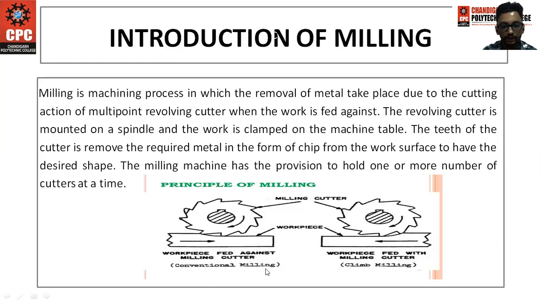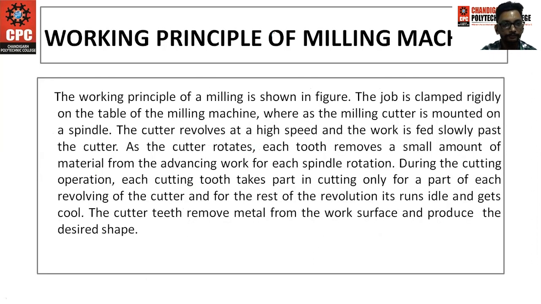So it's called conventional milling. In the second diagram, the cutter also moves in the clockwise direction and the workpiece moves in the same direction as the cutter. So it's called climb milling. So these are the two types of milling.